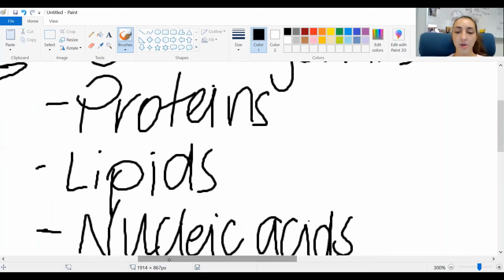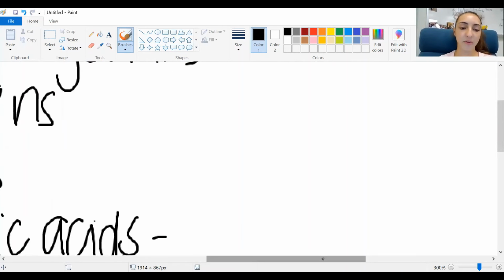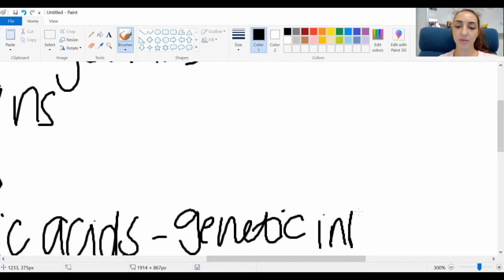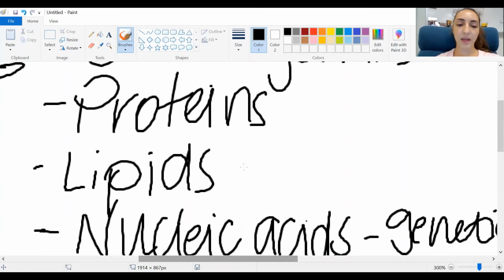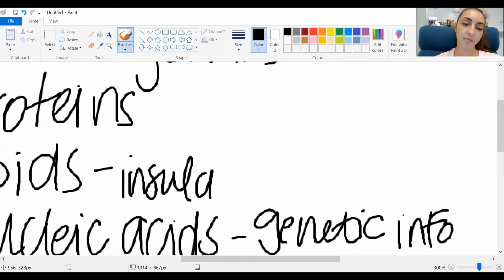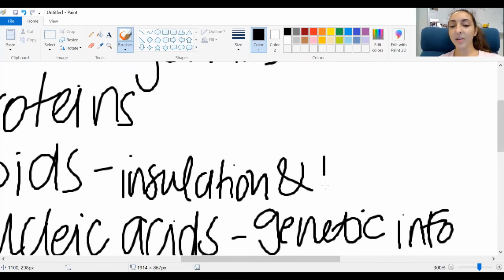Now, nucleic acids, their role is to provide the cell with genetic information. Okay. Lipids are going to provide our cells with insulation and long-term energy.